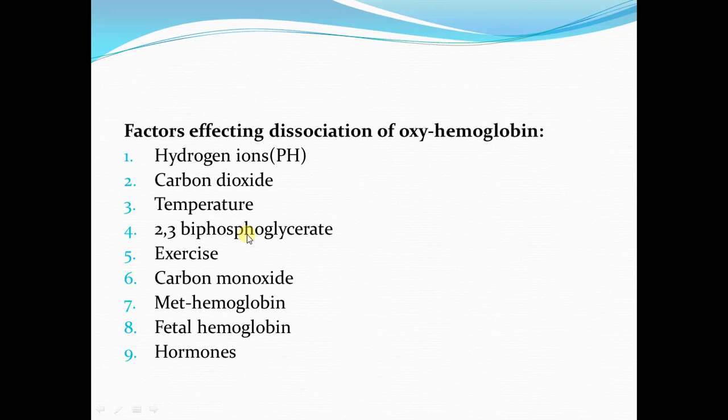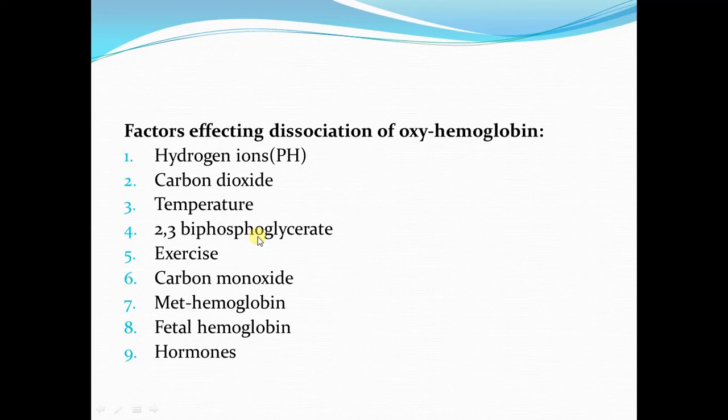Now there are different factors that cause increased formation of 2,3-biphosphoglycerate. Hypoxia is one of the most important stimulants for the RBCs' production of 2,3-biphosphoglycerate.